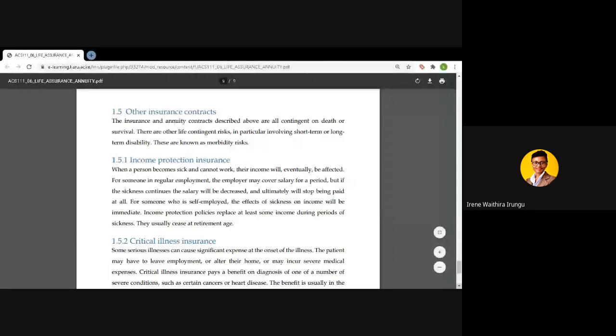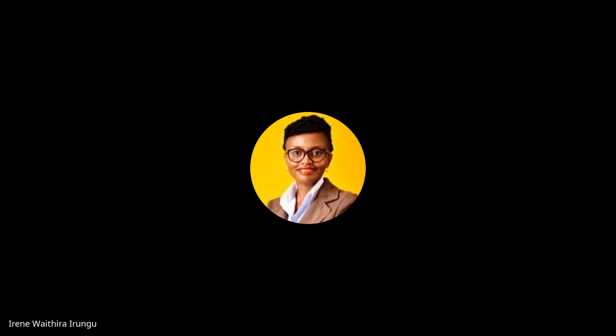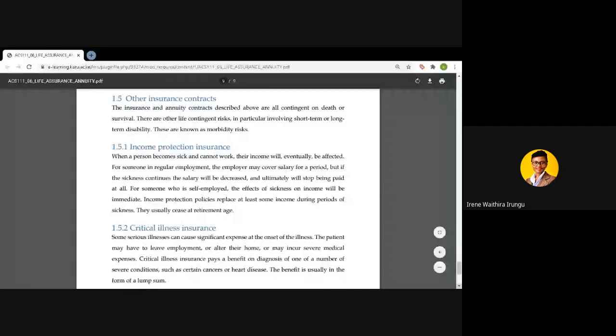If this individual had bought an income protection insurance policy, then the insurance company can replace at least some of the income during those periods of sickness. Usually that can cease at retirement age. So it is out of the sickness that this person is no longer able to work, and then the policy cover comes in.